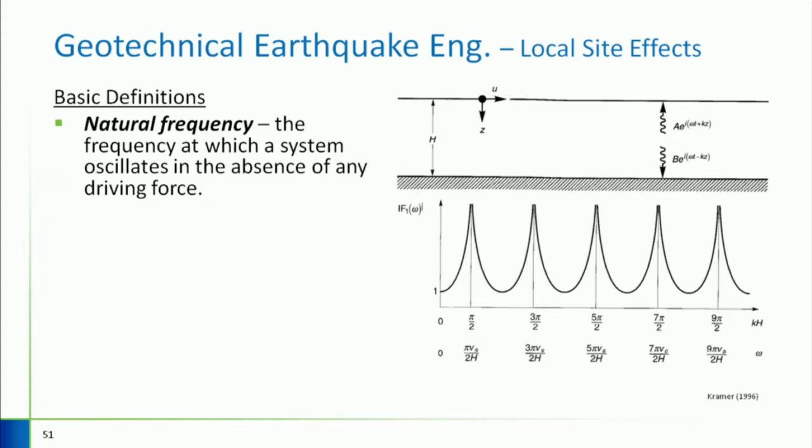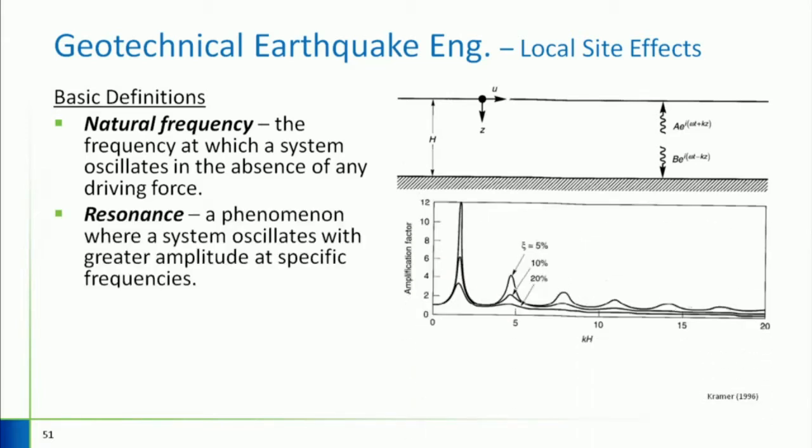If they're out of phase, you get a destructive combination and it makes it smaller. So you get these amplifications. That's what we call a natural frequency, and it's basically the speed of that layer and the dimensions.